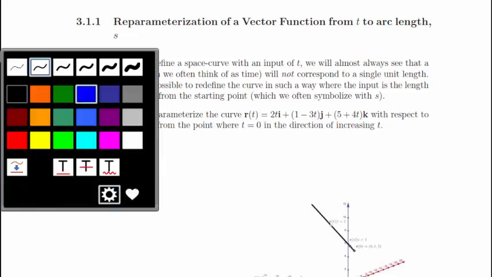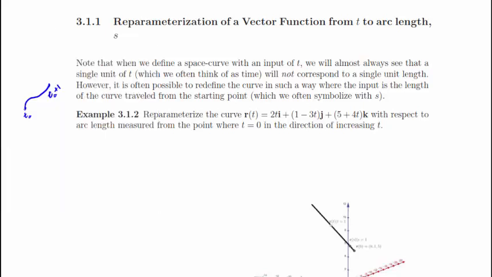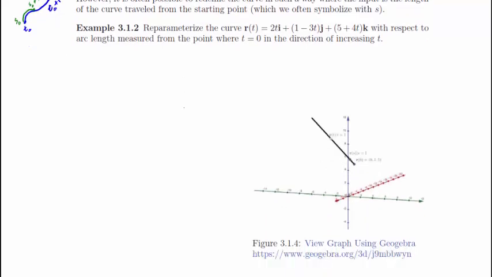Say we have a unit length from here to here. So here we have S naught, and here we have S naught plus 1 unit length. So we want to redefine our function in terms of S, our length of the curve, as opposed to some variable t. So this is going to be easiest when we have linear functions.